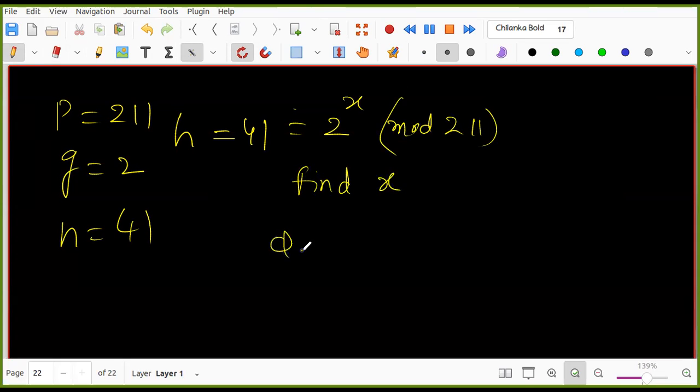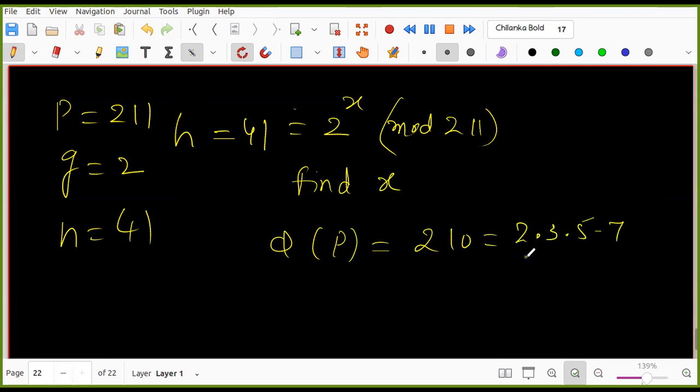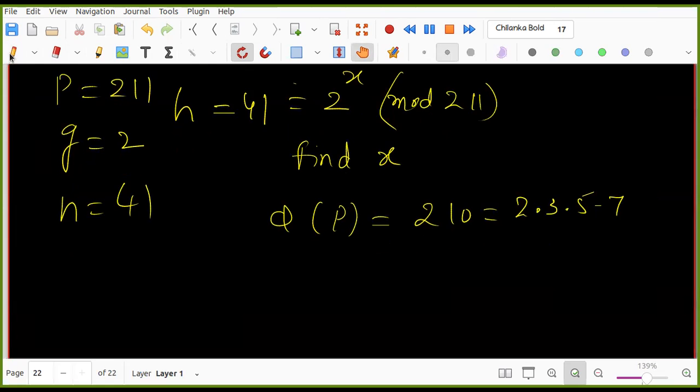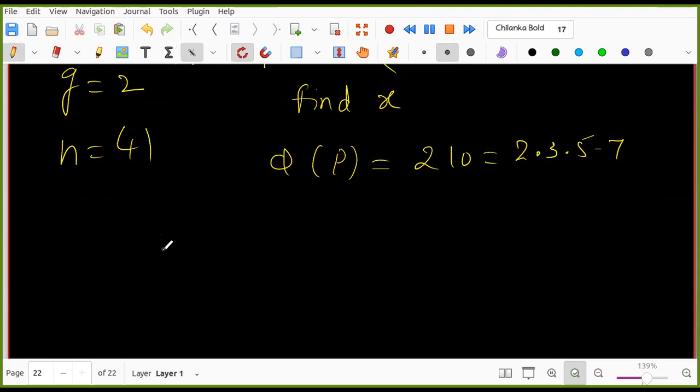Now phi of p is equal to 210, which is equal to 2 into 3 into 5 into 7. So first we'll compute for 7, the highest. So this is phi of p by 7.